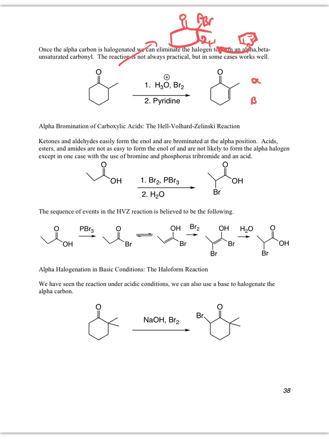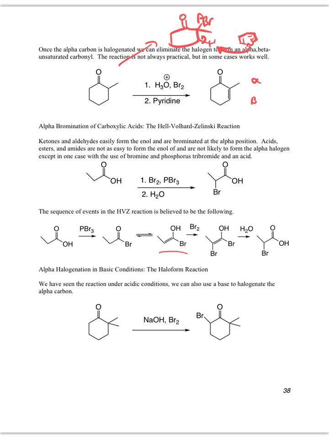We can also do this to carboxylic acids with the Hell-Volhard-Zelinsky reaction, bromine, PBr3, followed by water. So the sequence of the events is, first we form the acid bromide, then we make the carbon-carbon double bond, removing a hydrogen off of it, protonate the oxygen.